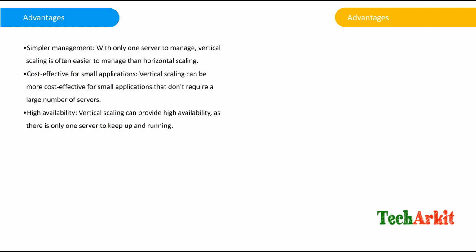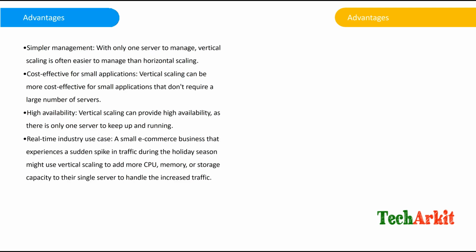High availability. Vertical scaling can provide high availability as there is only one server to keep up and running. So that's the option here.